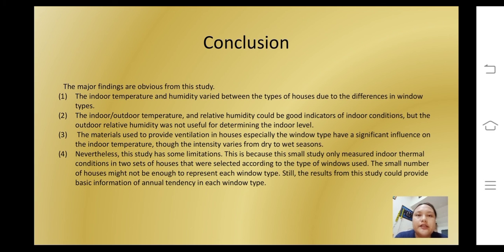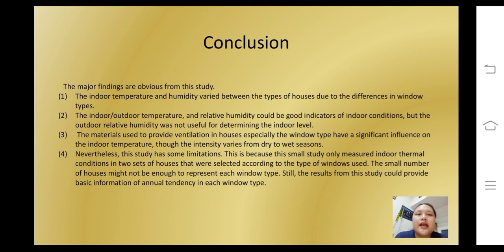Third, the material used to provide ventilation in houses, especially the window type, has a significant influence on the indoor temperature, though the intensity varies from dry to wet season.